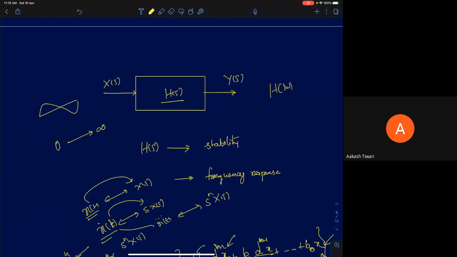First, we can say if the system is stable, just by looking at the transfer function H(s). Second, if you evaluate H(s) at s equal to j omega, we get the frequency response as well. So our goal is either to find the transfer function of a system, or, if I need a certain kind of transfer function, to get it using a circuit. These are the two problems we will discuss in the remaining lectures.